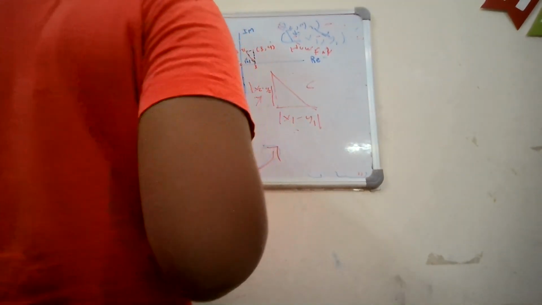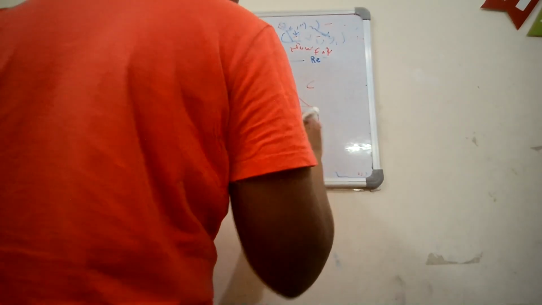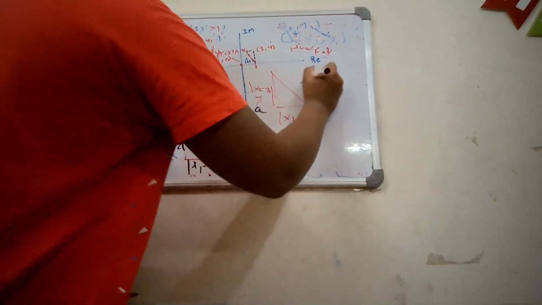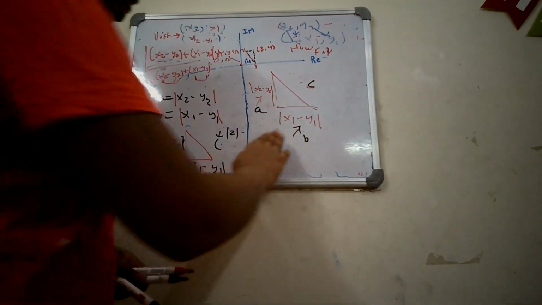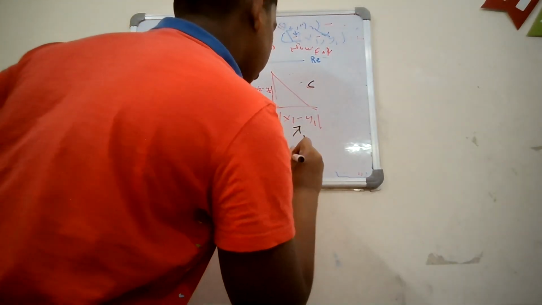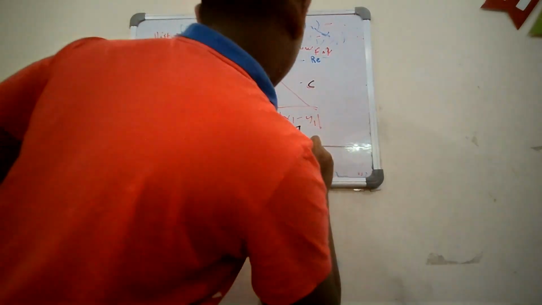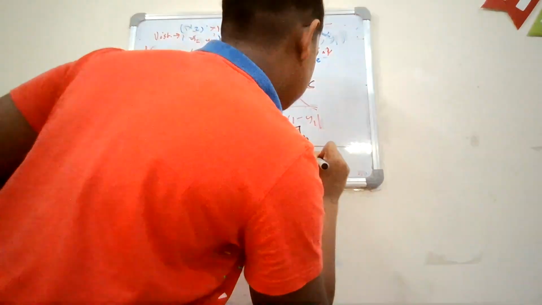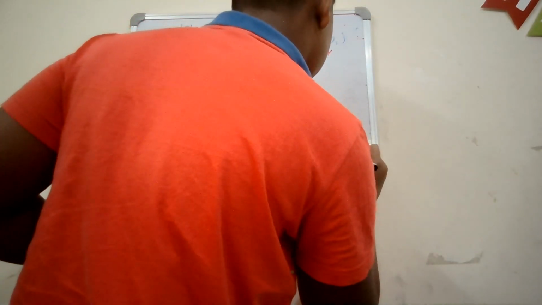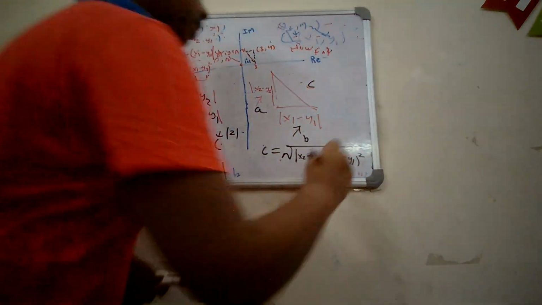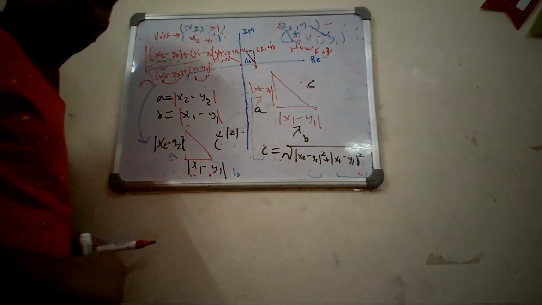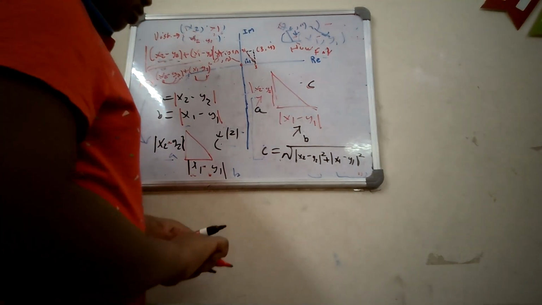This is A, and this is B. So this is A, this is B, and this is C. So what happens is, C, this modulus, is equal to the square root of x2 minus y2 squared plus x1 minus y1 squared. This is the relation. This thing right here, this is the relation.